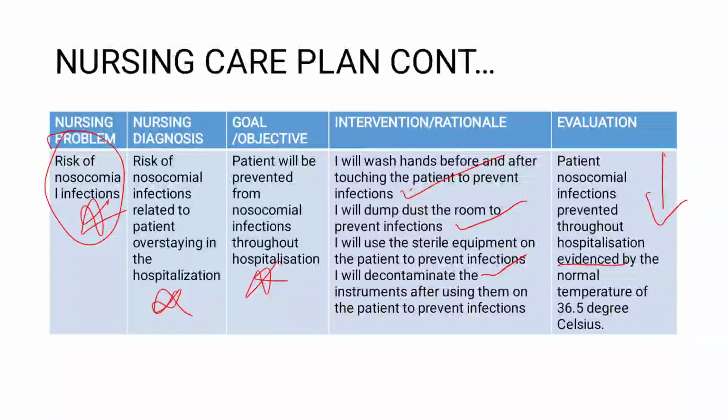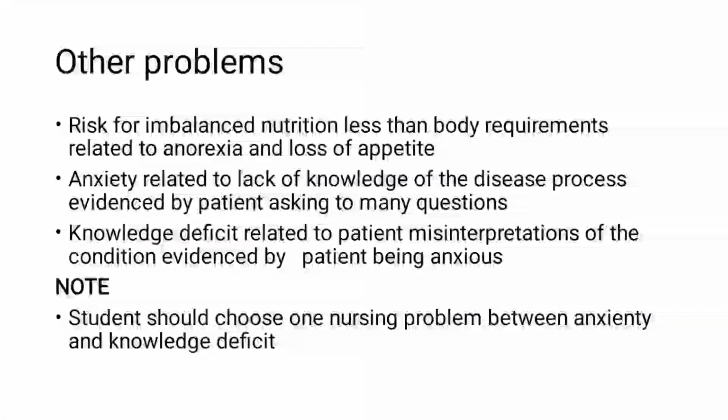So on this one, you can say risk of nosocomial infections prevented throughout hospitalization, evidenced by normal temperature of 36.5 degrees Celsius. So that is how you can write the nursing care plan of septic abortion.